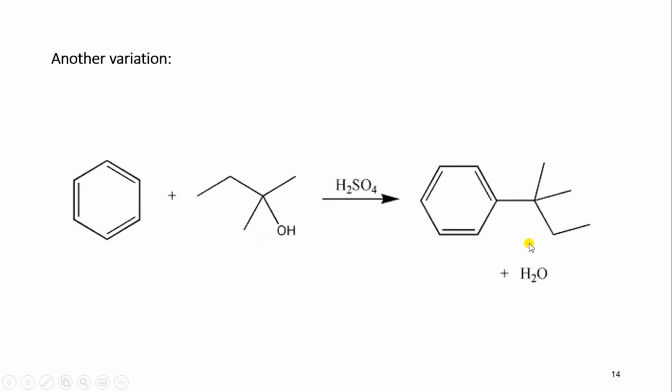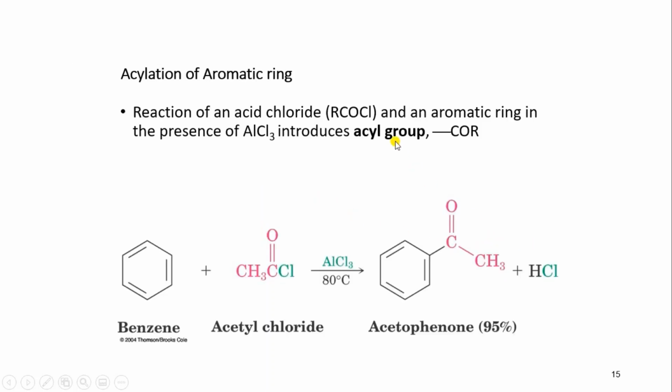The next is the acylation reaction of the aromatic rings. There's no major difference between the two, the only difference is that in alkylation we use the alkyl halide, while in acylation we use the acyl halide. This acyl halide is the RC double bond O Cl group, and the RC double bond O group is called the acyl group.